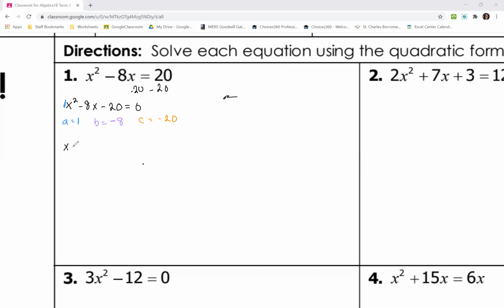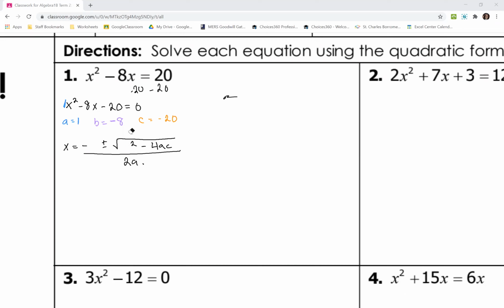Okay, x equals -b plus or minus the square root of b squared minus 4ac, all over 2a. All right, so you notice whenever I'm going to replace my b, I don't erase that negative sign, okay? That comes first.